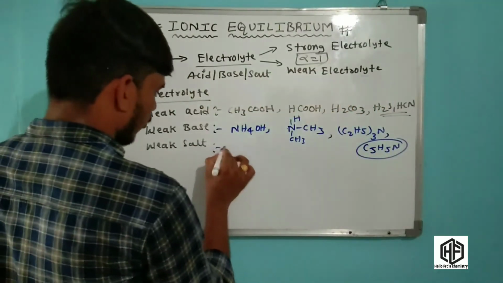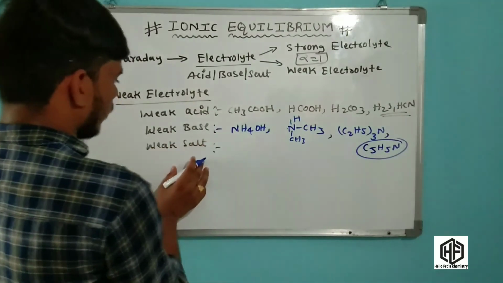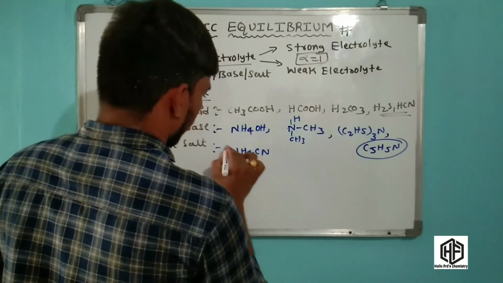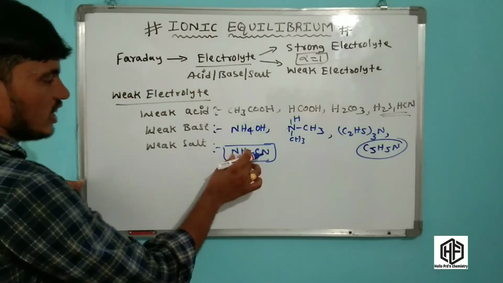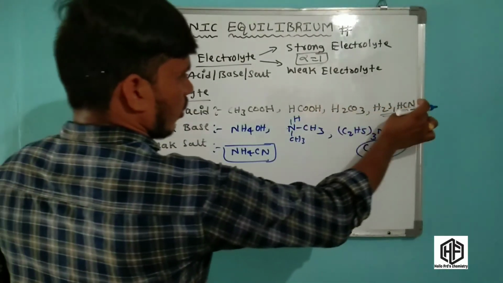And weak salt: if any one is weak, it is also called weak. An example of a weak salt is NH4CN. NH4CN is a weak salt. NH4 is a weak base and CN is a weak acid.